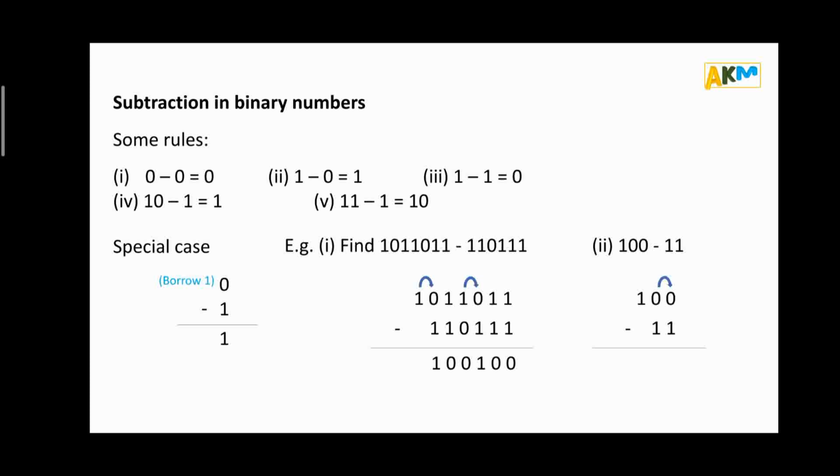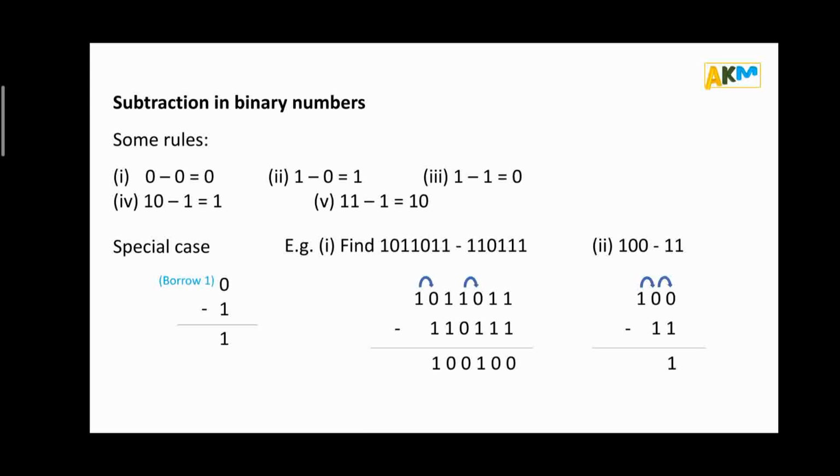So we borrow from the leftmost digit, so the second column digit becomes 10. Then from here again we borrow 1 to the right, so that will become 10. So 10 minus 1 will be 1.